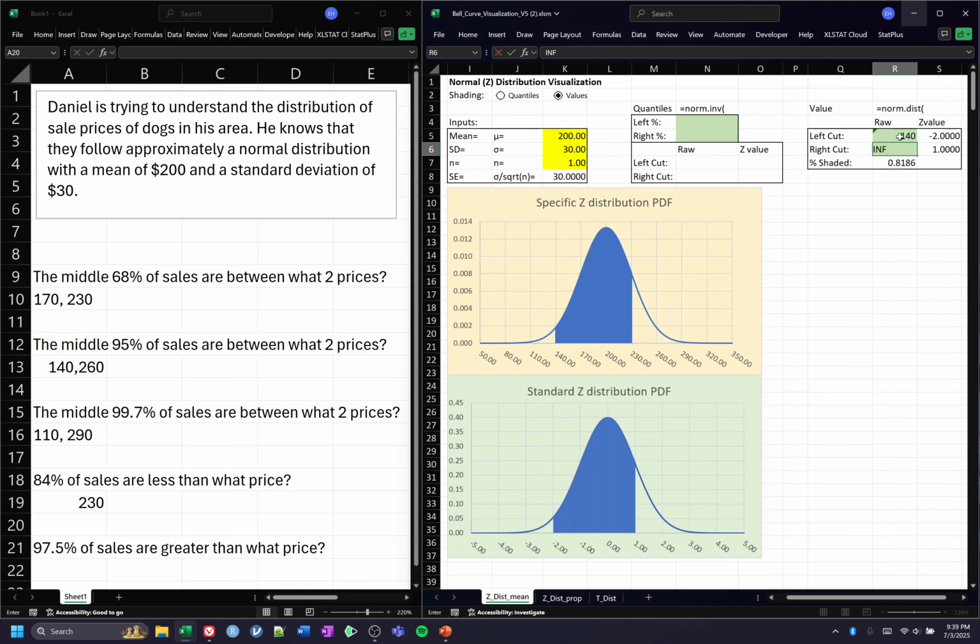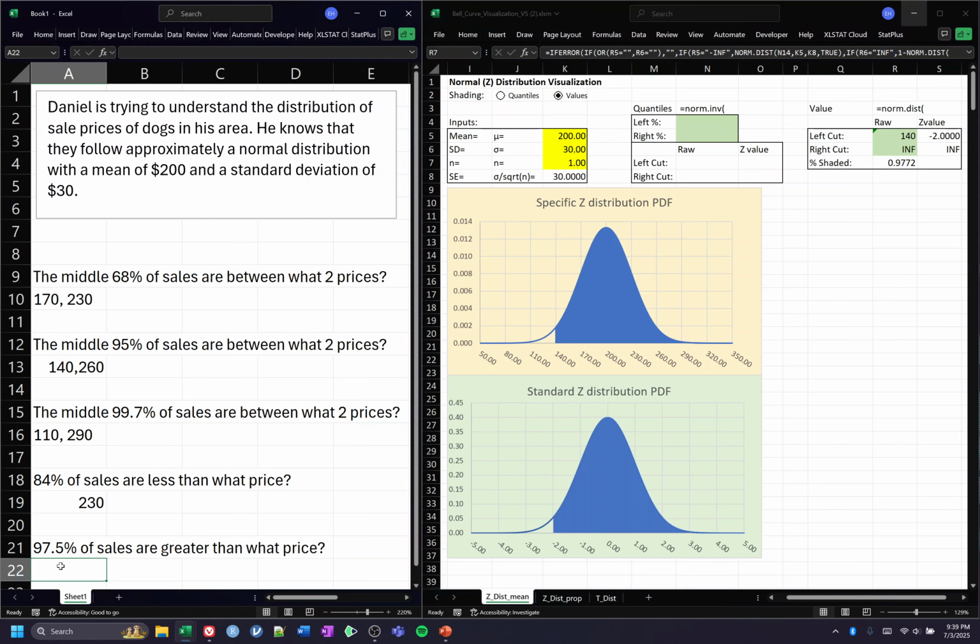We'll just type in INF, and that takes us to 97.7. Now remember, this calculation is doing the actual calculations, and so it's more accurate. The empirical rules are just our rules of thumb for getting really quick answers with our normal distribution, and so that would be 140.